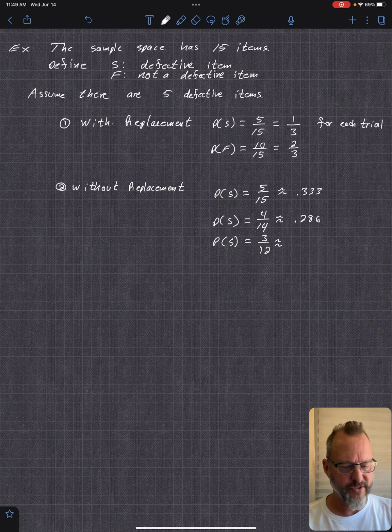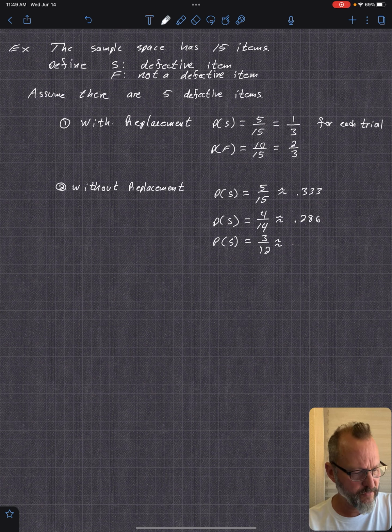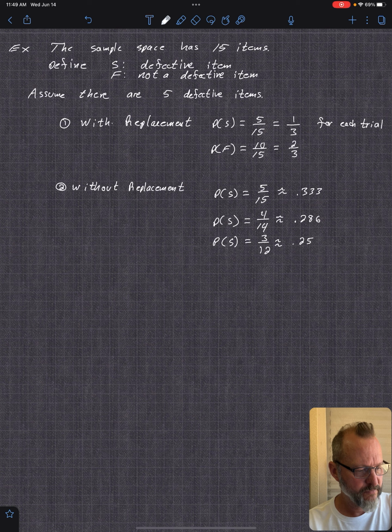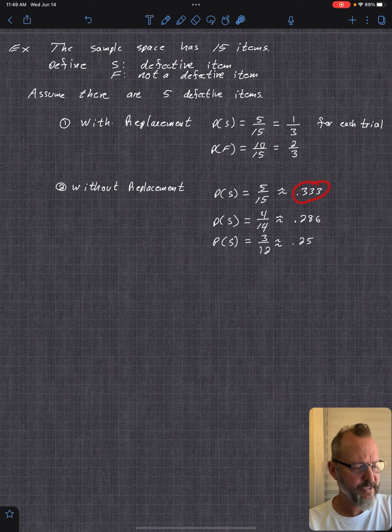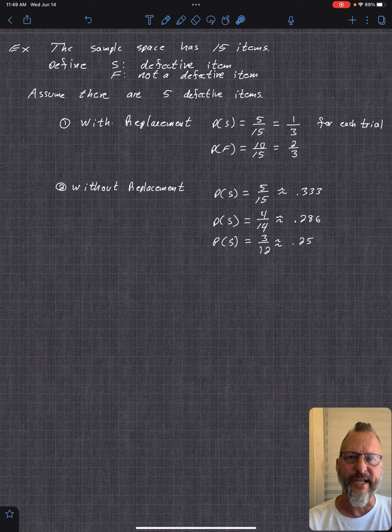It's close, but whatever. But then 3/12 is a quarter, right, 3 goes into 12. So it's 25%. So this is 33%, this is 25%. That's a big change after 3 selections of something.